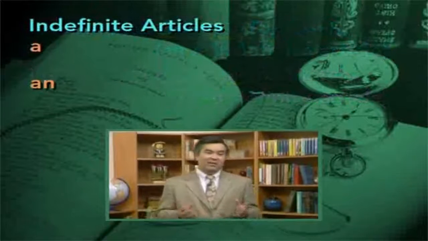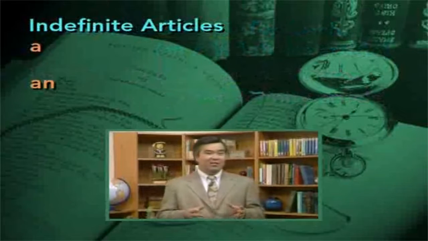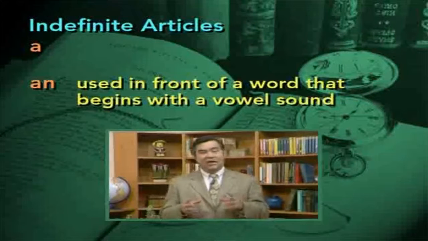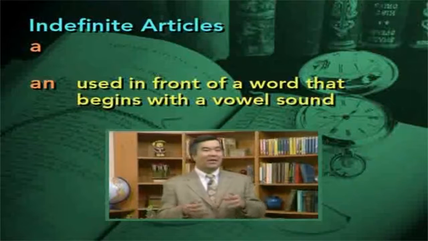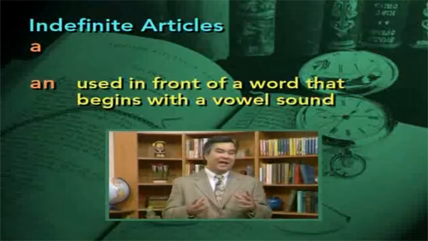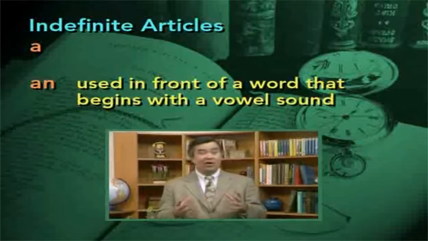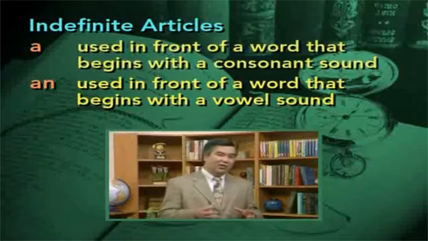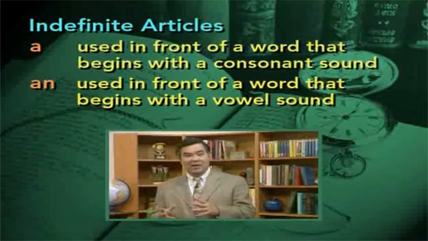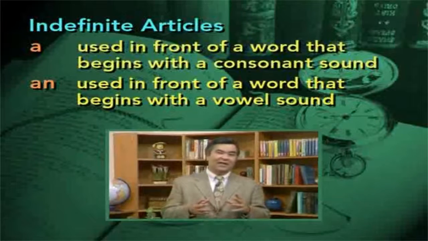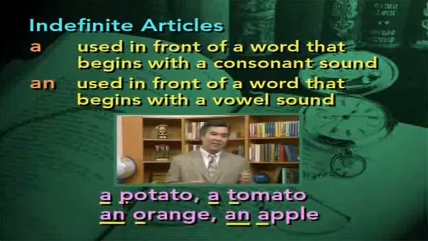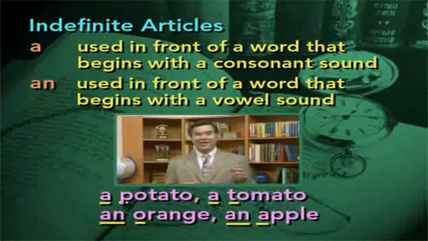The only difference between a and an, which are both indefinite articles, is that an is used in front of a word that begins with a vowel sound, an open sound like apple or orange. The article a is used before a noun that begins with a consonant sound, a closed sound like potato or tomato.